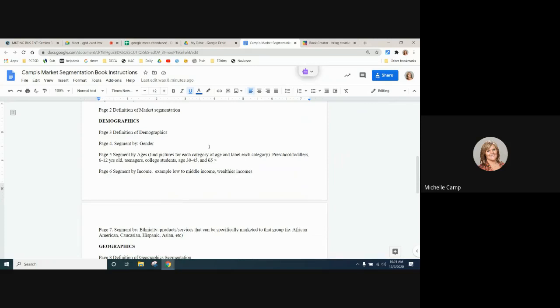Then I want an advertisement that is for that preteen age group, 6 to 12. Y'all may remember Justice. Everything in the store was sparkly, sequins, pink, just what an 8-year-old would love. And so they have advertisements.